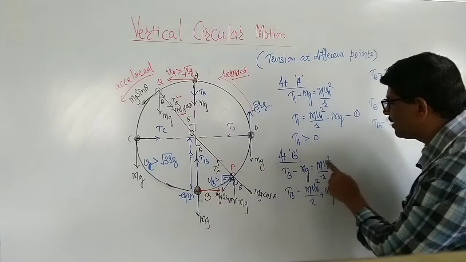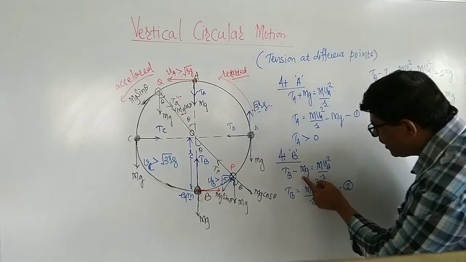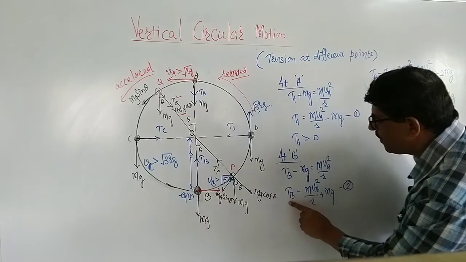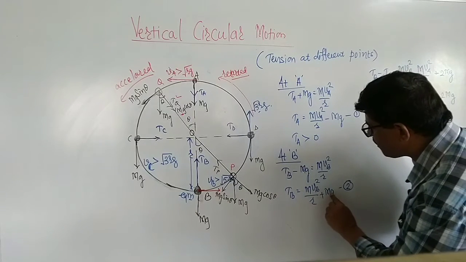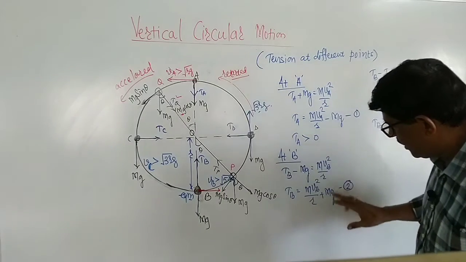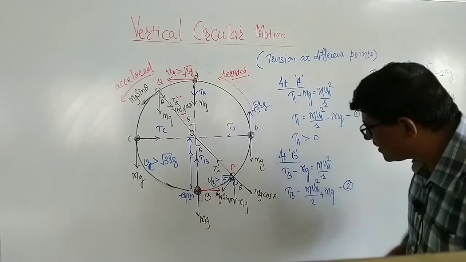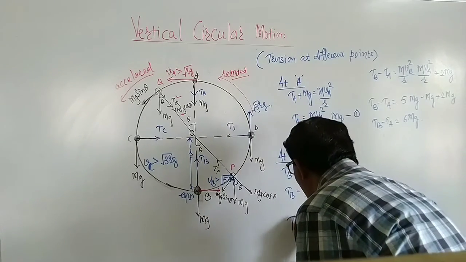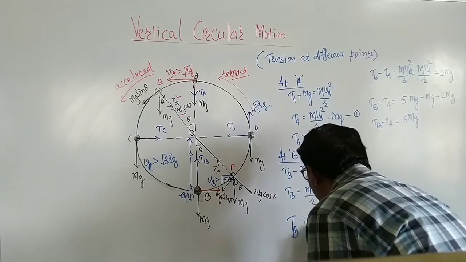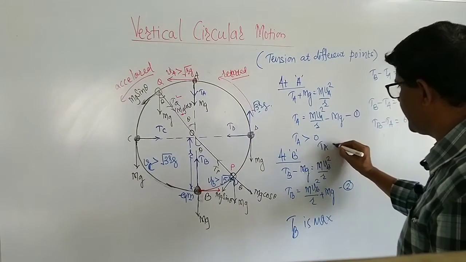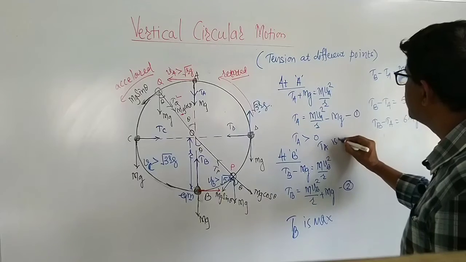Therefore, TB minus mg is equal to m vb square by r, and taking mg to the other side, TB is equal to m vb square by r plus mg. The addition of mg in the equation says that tension at B is maximum. Tension at A is minimum.